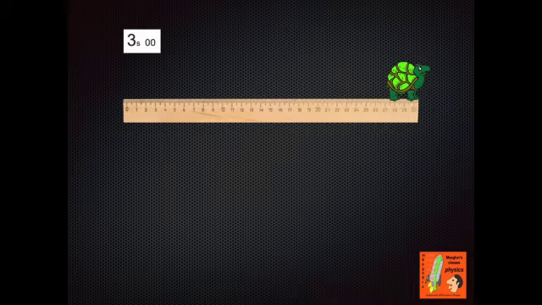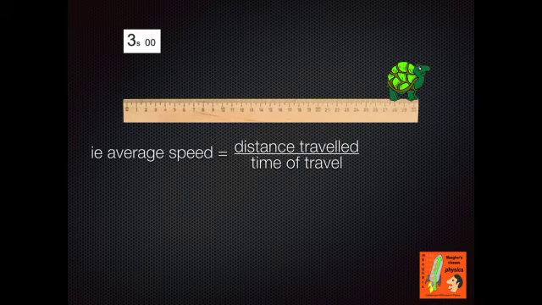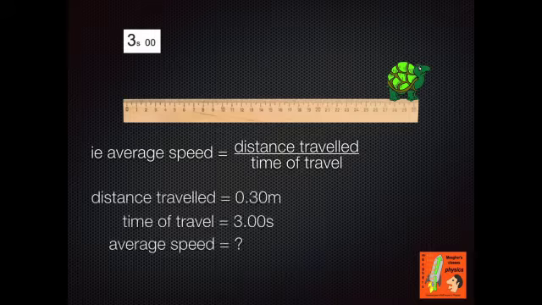So when we're going to calculate this, if we use an equation to do it, we'd say the average speed is distance travelled on time of travel, and we'd look at the quantities of each of those things. And when we substitute them in, we'd come out with 0.1 metre per second.